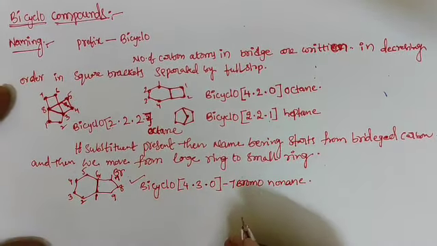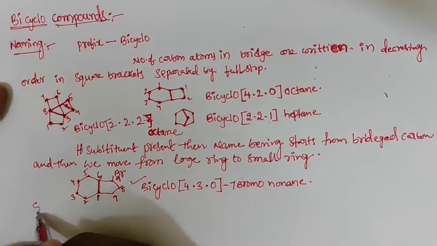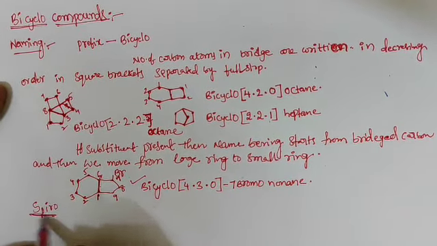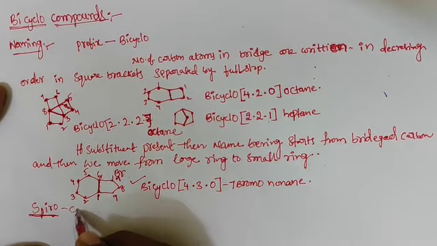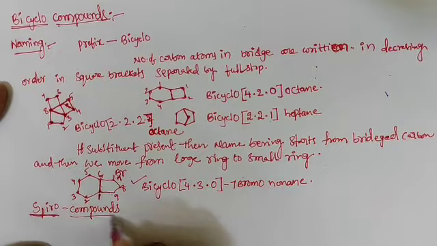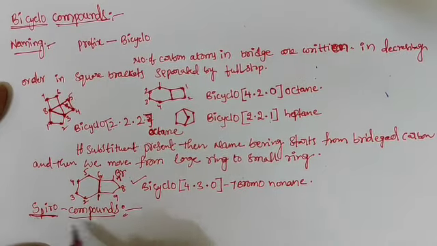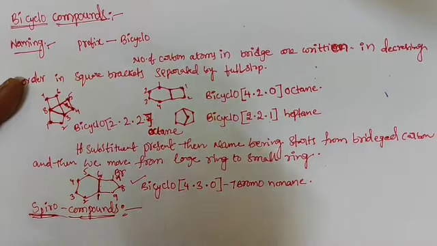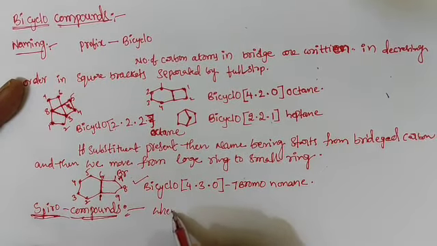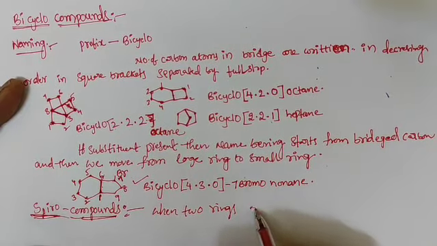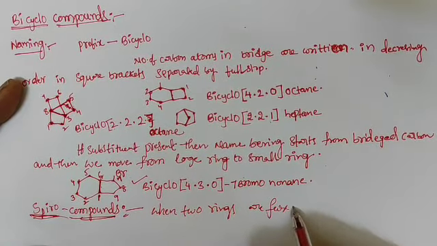compound is there, that is Spiro. What is that? Spiro compound. Bicyclo and Spiro compound. Spiro compounds naming. How can you give Spiro? When 2 rings are fused.